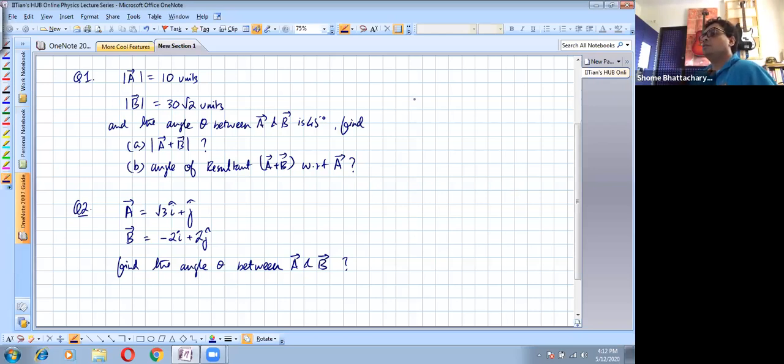I'll give you the solution also. You should be getting 50 for this, and for this, that resultant angle, suppose we call it alpha, you should be getting it 37 degrees.